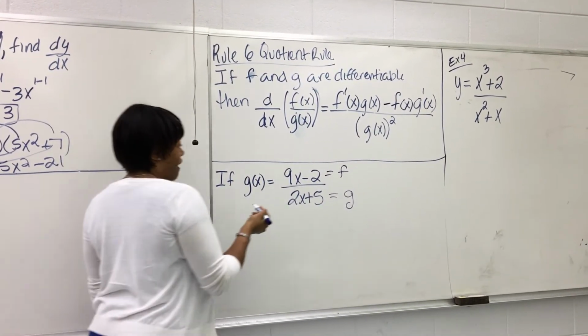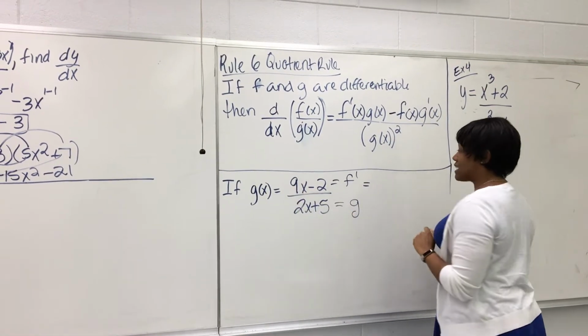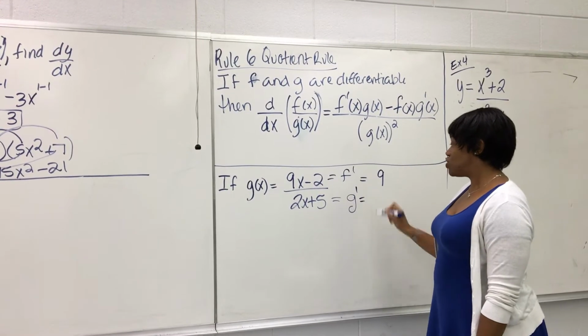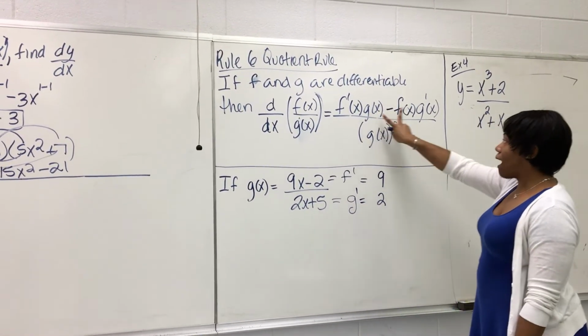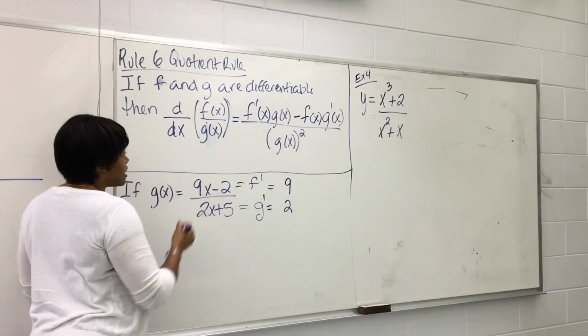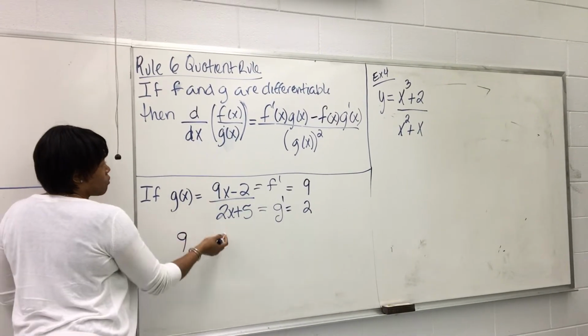So I need to find the derivative of f. The derivative of 9x minus 2 would simply be 9, and the derivative of g in this case would simply be 2. Now I plug it into my formula. The derivative of f is 9, times g. What is my g?